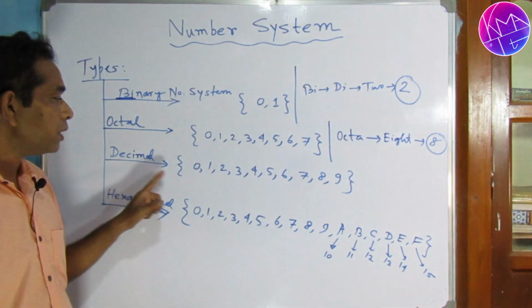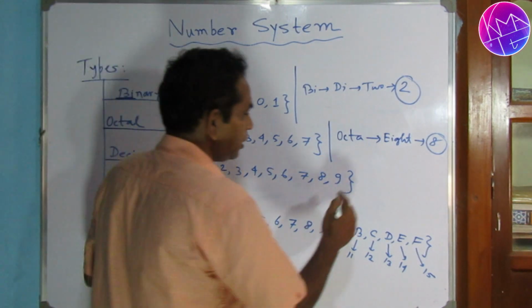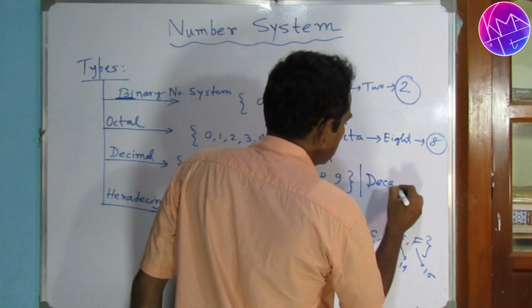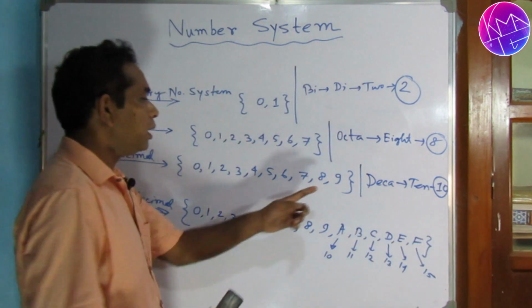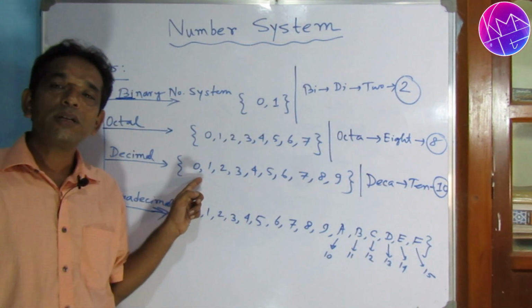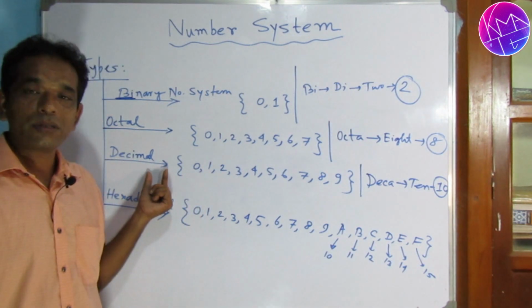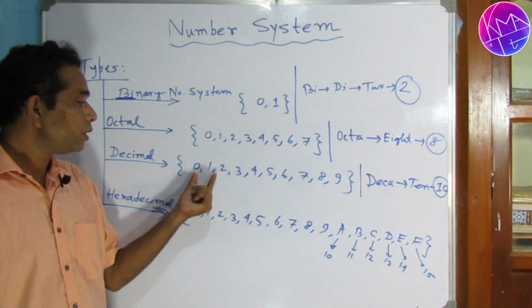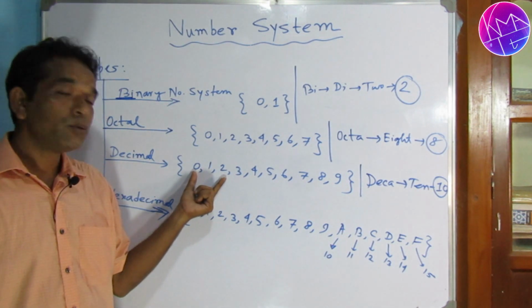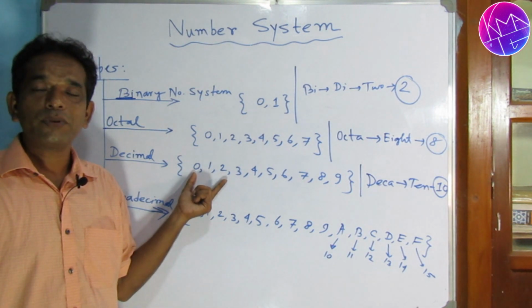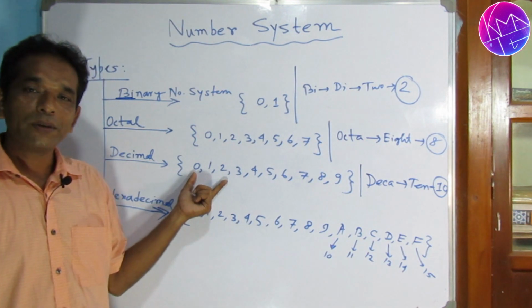Next is decimal, deca. Deca means 10, which means in total 10 different symbolic notations should be there in this number system. And with this number system we are very casual, we are habituated with it from our childhood level.